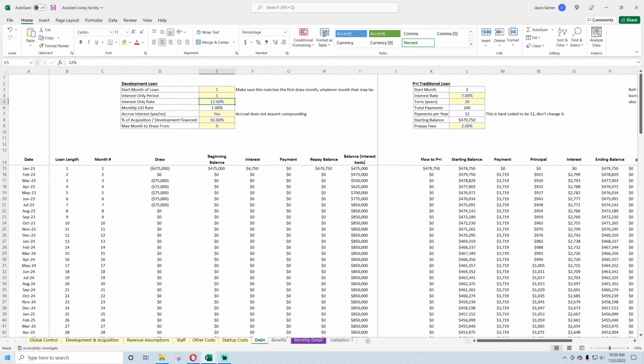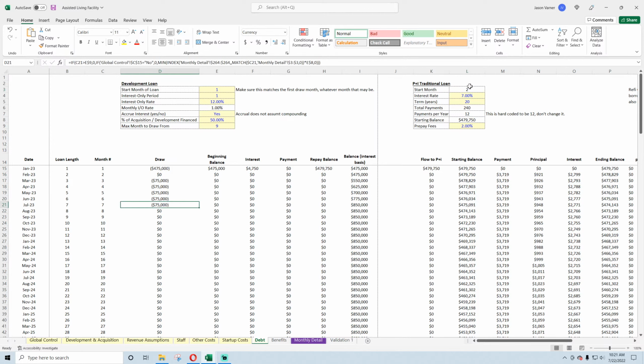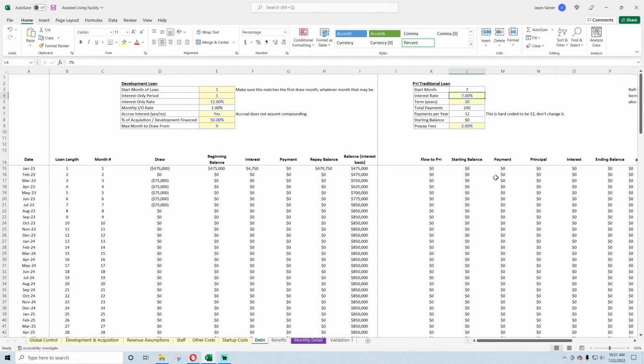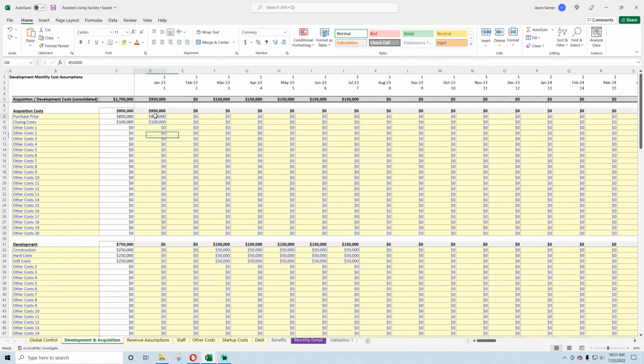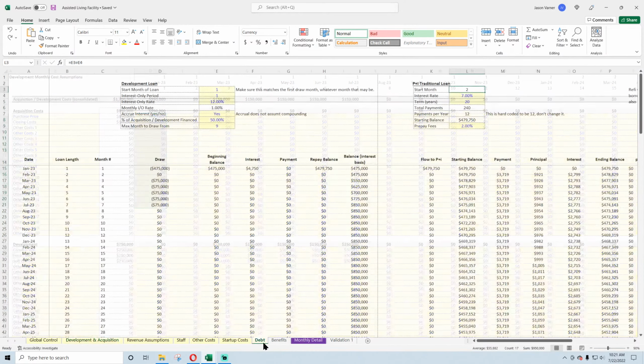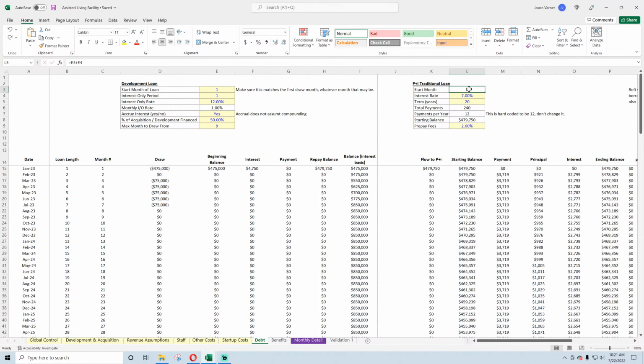I think you'd have to override the start month to happen at the end of this draw period, possibly. Let's see, this is 7. If I were to put 7 here, nope, nothing happens then. Well, I believe the workaround would be have all the draws happen in month 1, all the development and acquisition costs and everything, because then you're drawing on the P&I.